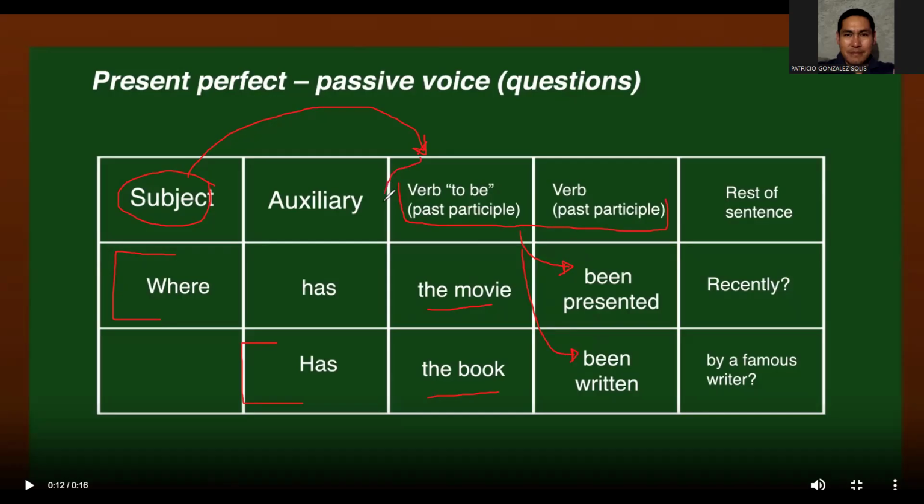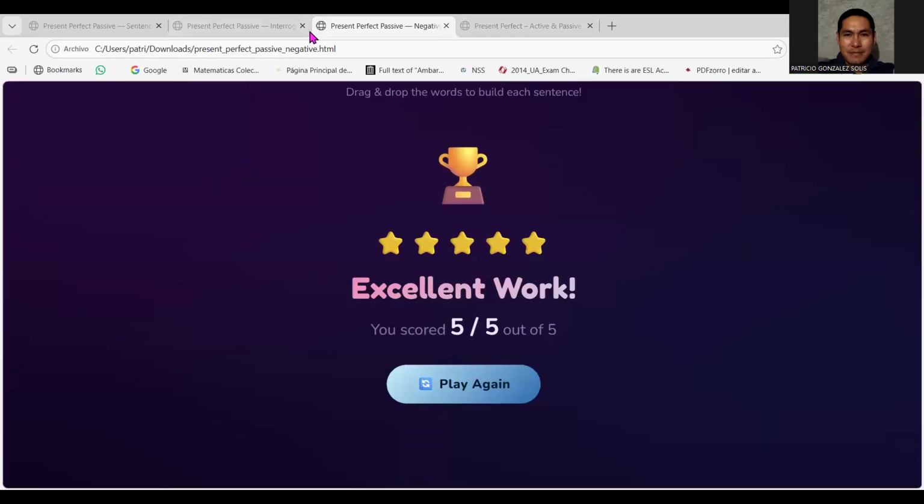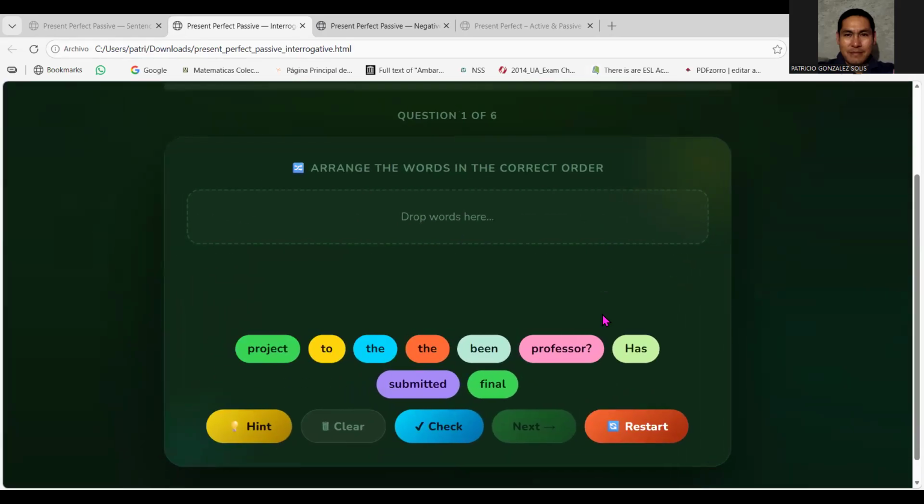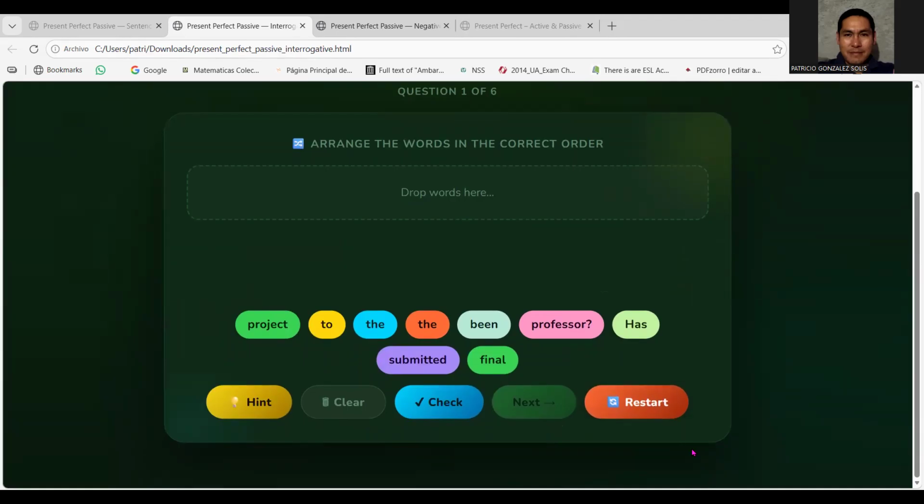So the subject, the movie, and the book. Okay, so just this situation here, right? Well, now we see questions over here, or interrogative. This is a yes, no question.